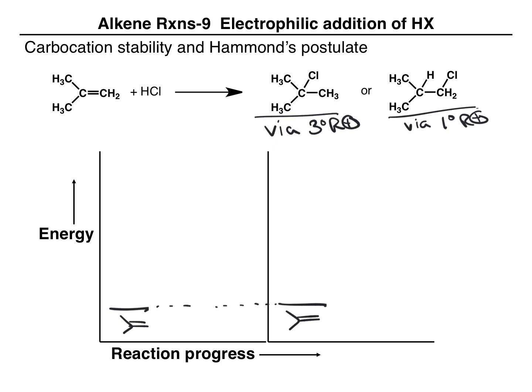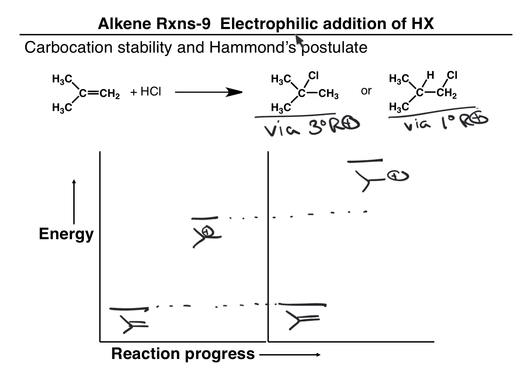And let's say this is our tertiary carbocation. Well, we know that our primary carbocation is going to be much higher in energy. So in terms of carbocation stability, a primary carbocation is higher in energy than a tertiary carbocation.